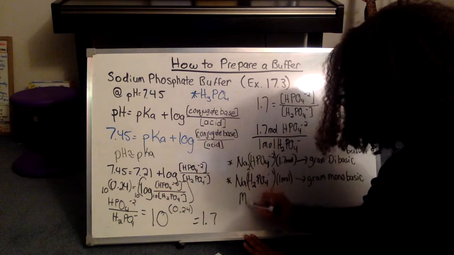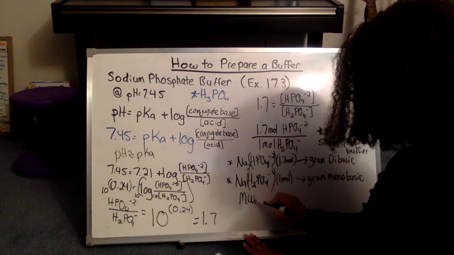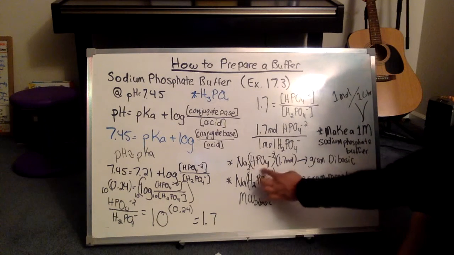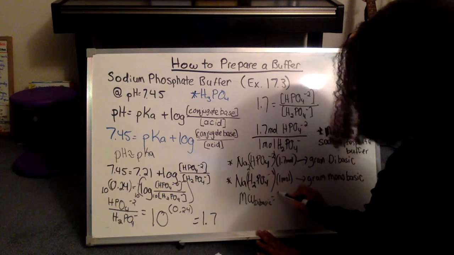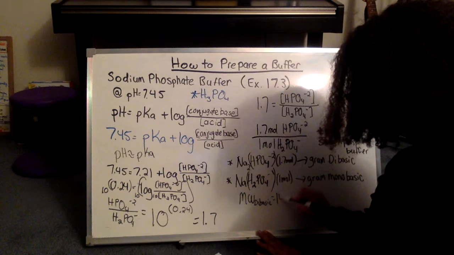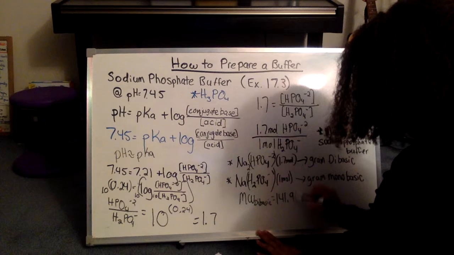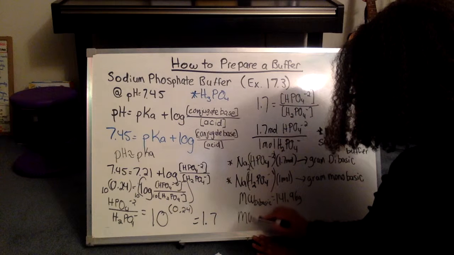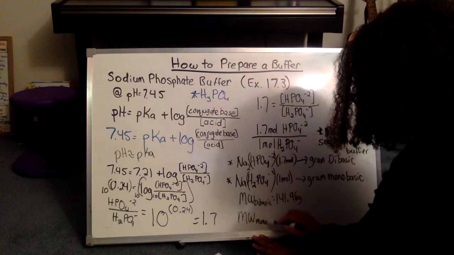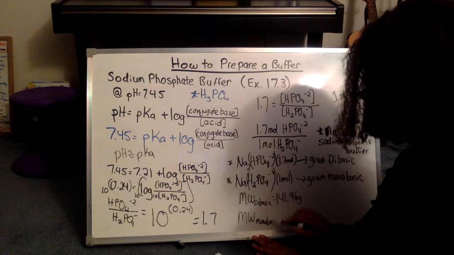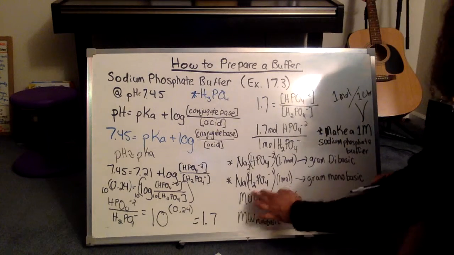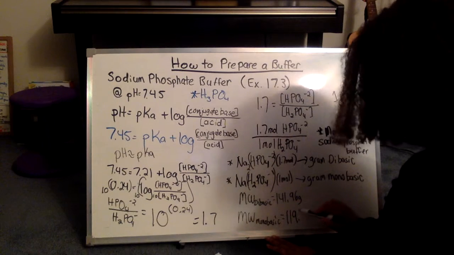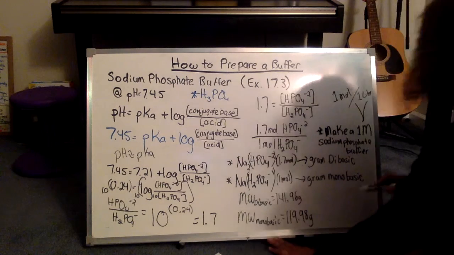Molecular weight of dibasic, which is this, HPO4 minus 2, is 141.96 grams, and the molecular weight of monobasic, which is this, is 119.98 grams.